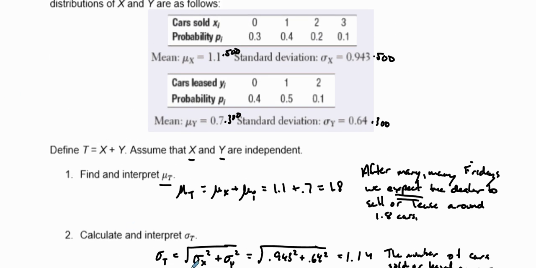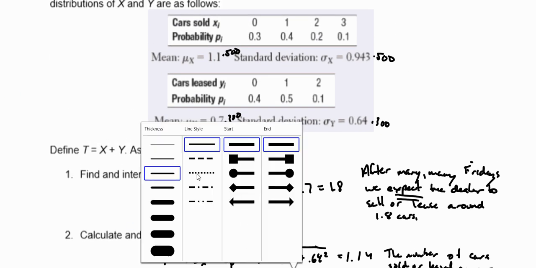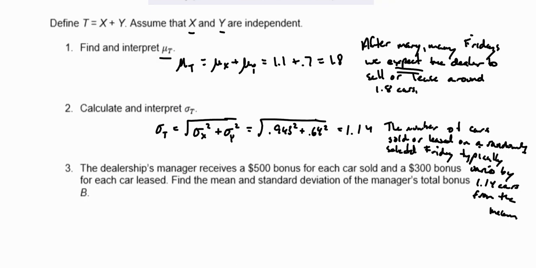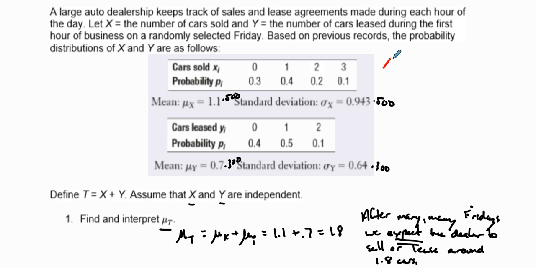Well, I'm going to write this up here, so you can see that. And so we have this new mean and standard deviation. We'll call the total bonus B. Essentially, that's going to be 1.1 times 500 plus 0.7 times 300, and we add them together.